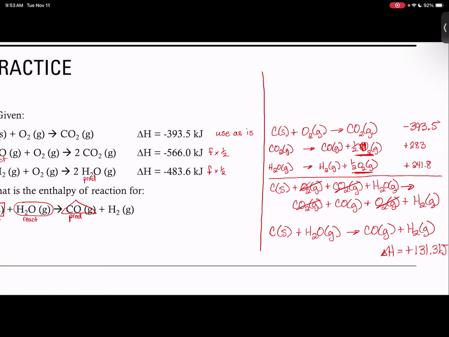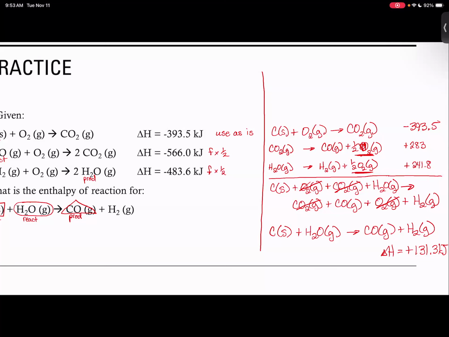So what I did is I started by looking at the left-hand side of the arrow. There's a carbon solid, an oxygen gas, a carbon dioxide gas, and a water gas on the left-hand side.